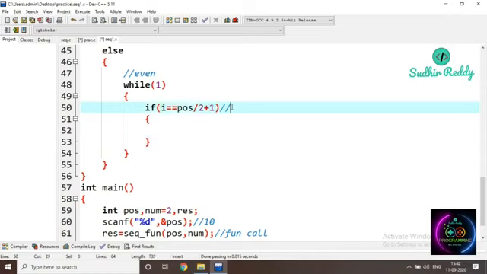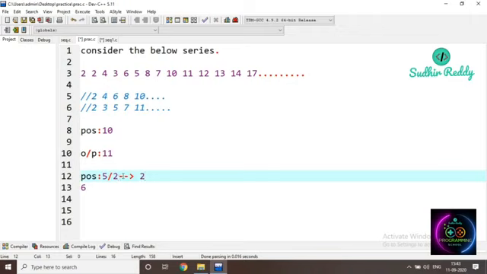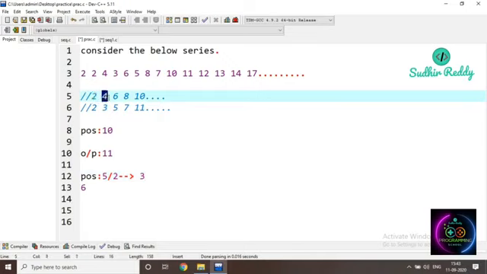For example, I am going to find some 5 value. 5 by 2 returns 2 here. That means I am going to return 3. What is the third position in the even number? 1, 2 and 3.